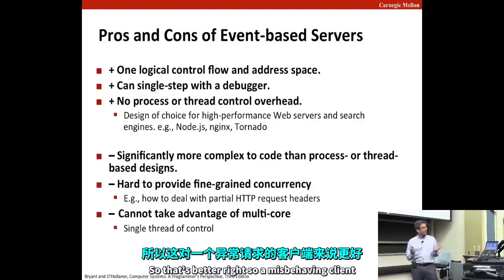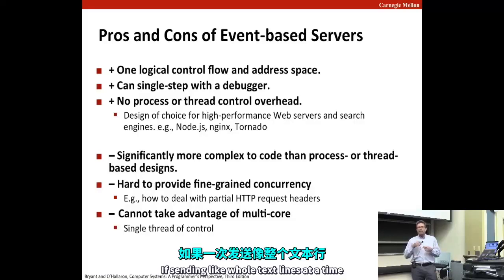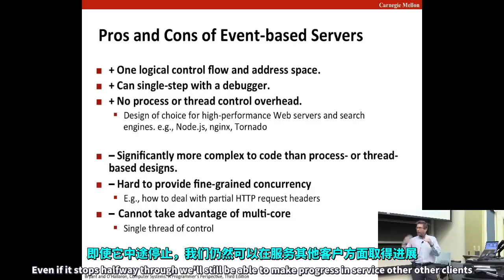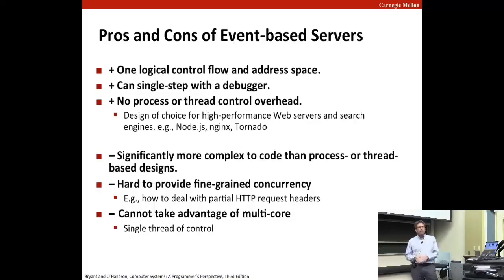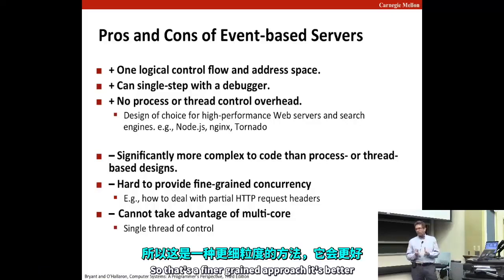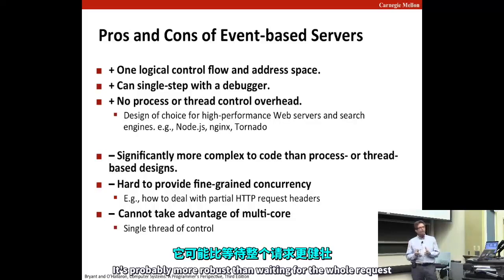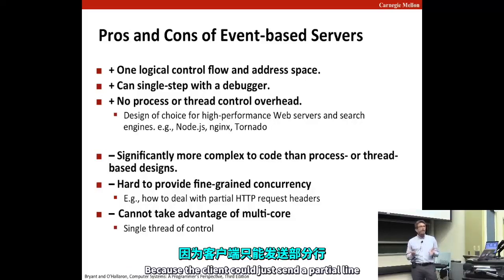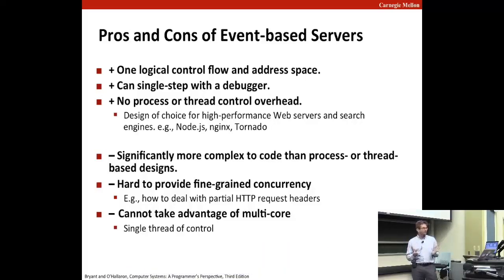That's better. A misbehaving client sending whole text lines at a time, even if it stops halfway through, we'll still be able to make progress and service other clients. So that's a finer-grained approach. It's probably more robust than waiting for the whole request, but it's still vulnerable because the client could just send a partial line.